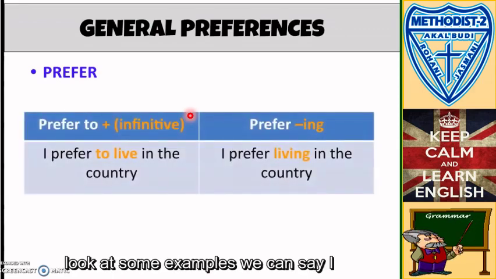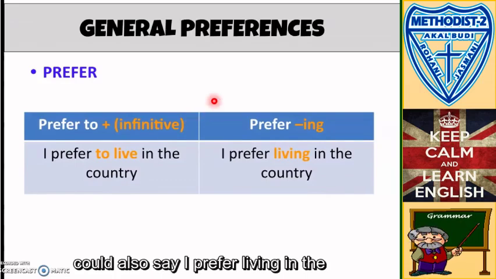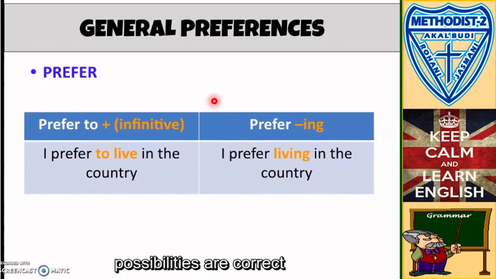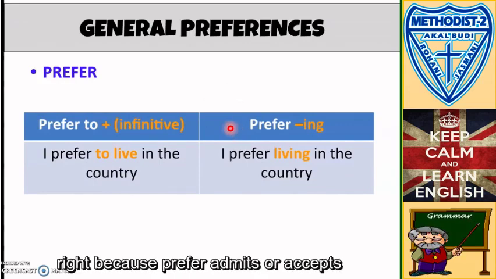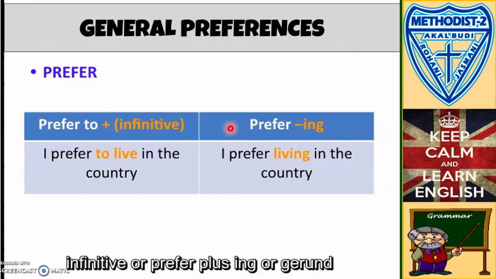We can say, I prefer to live in the country, or we could also say, I prefer living in the country. Any of the two possibilities are correct, because prefer accepts the two formats, prefer plus to infinitive or prefer plus ing, the gerund.